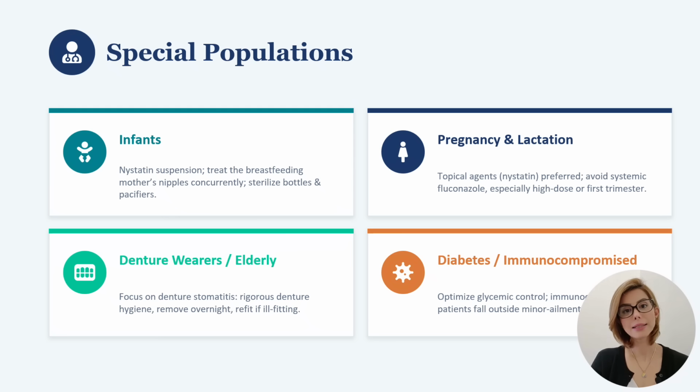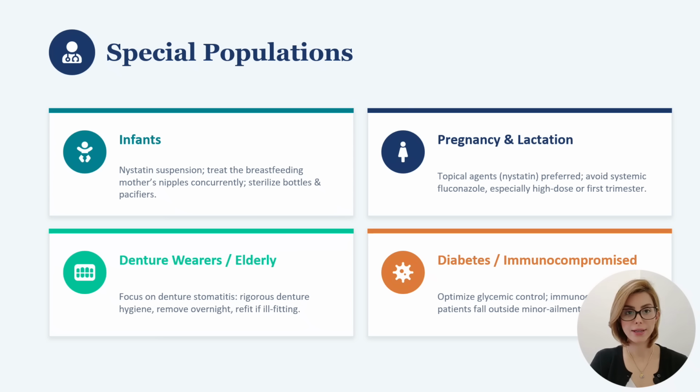In infants, Nystatin suspension is your go-to, and remember to treat the breastfeeding mother's nipples at the same time and sterilize feeding equipment. In pregnancy and lactation, topical agents like Nystatin are preferred, and we steer away from systemic fluconazole, especially high doses or in the first trimester.